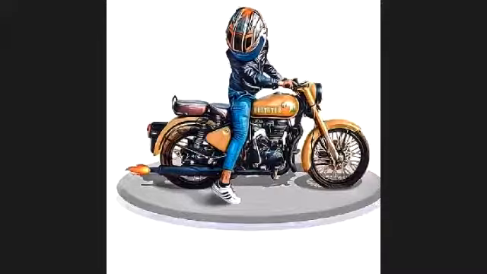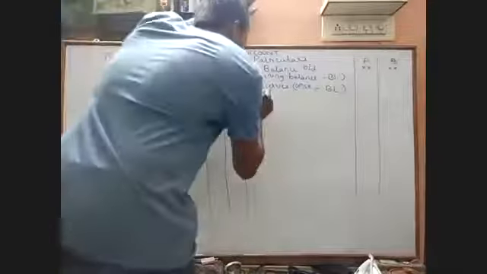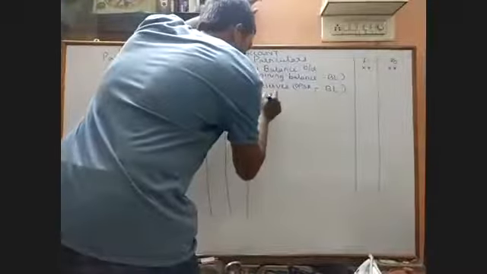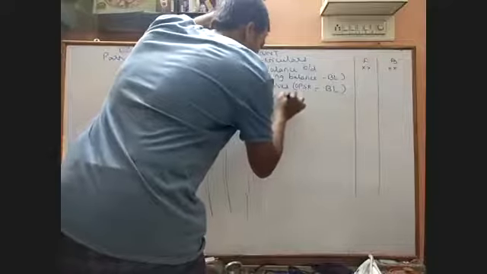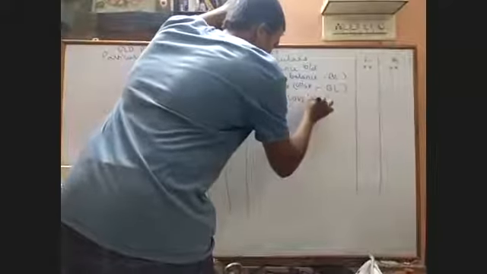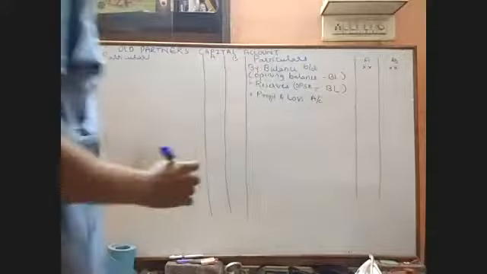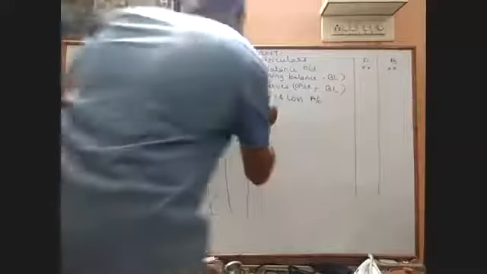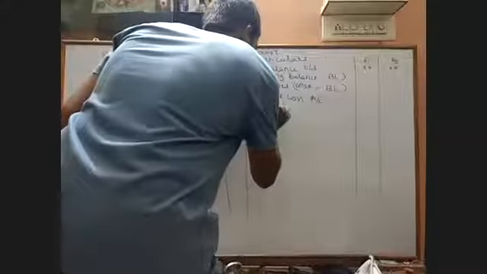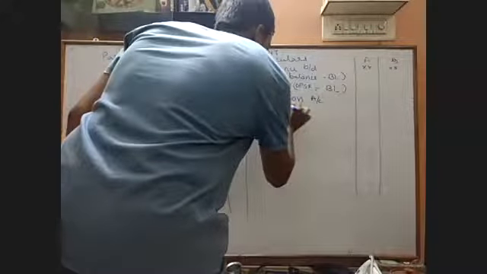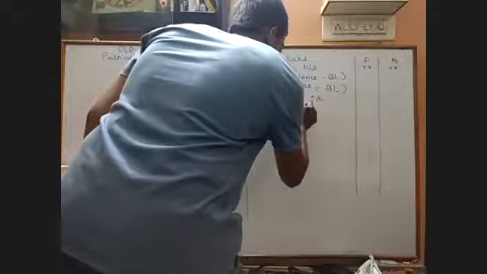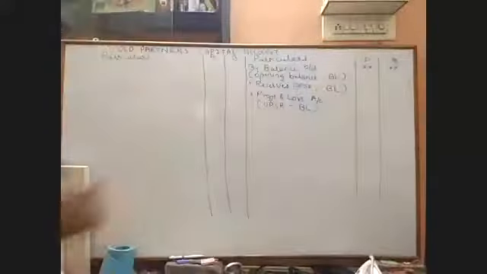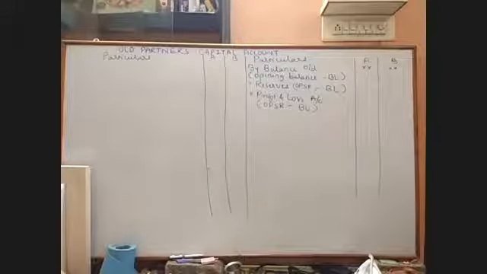Now, next. Number 3. By profit and loss account. Again, in bracket, old profit sharing ratio, and this item will also be available on the liability side of the balance sheet.